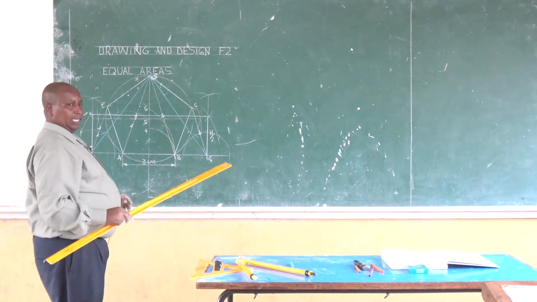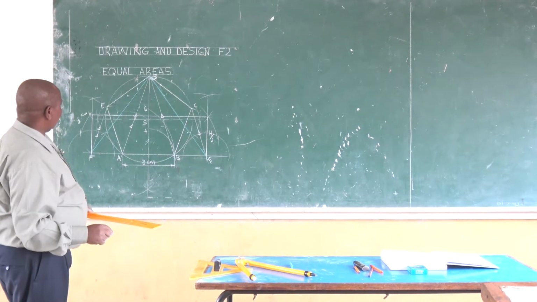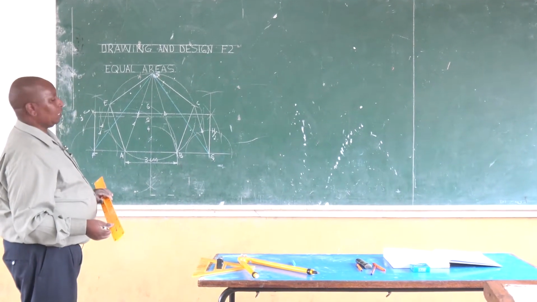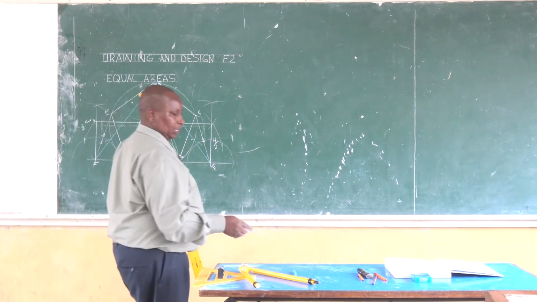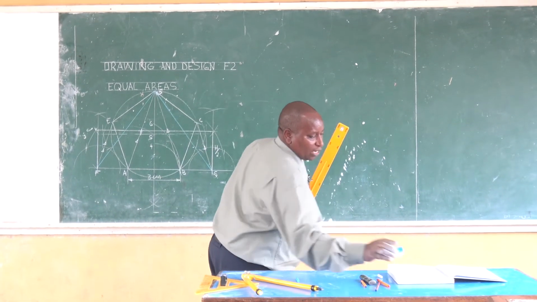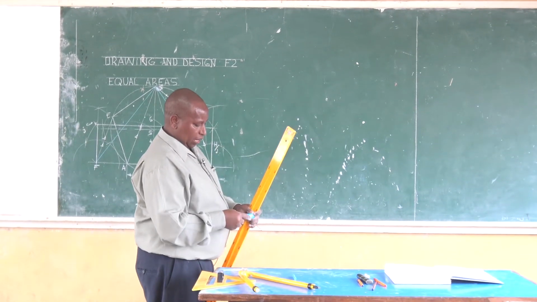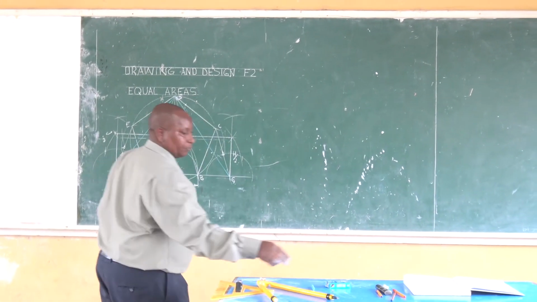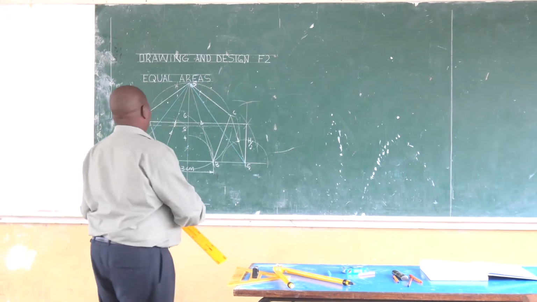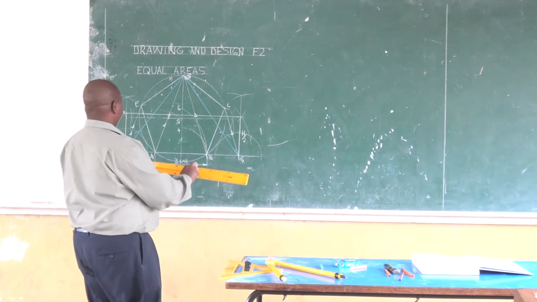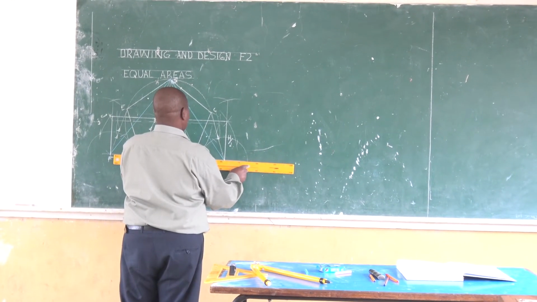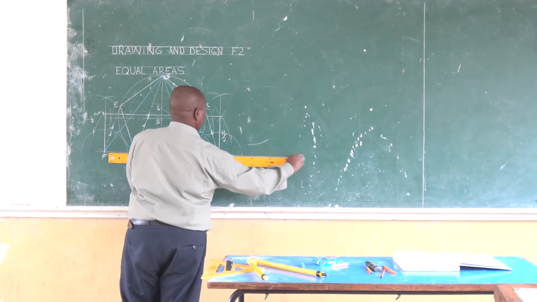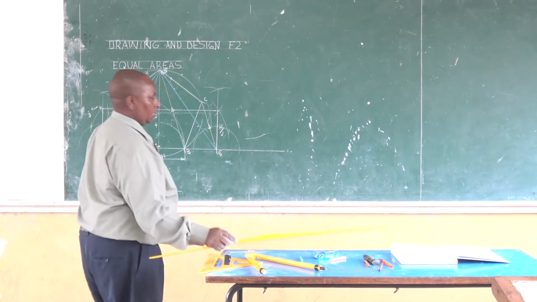Now, we still have to draw a square equal in area with that rectangle, which is equal in area with the triangle, which is equal in area to the pentagon. The steps are as follows. Produce further the line FG that way.